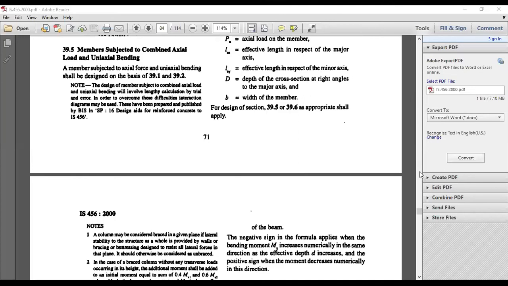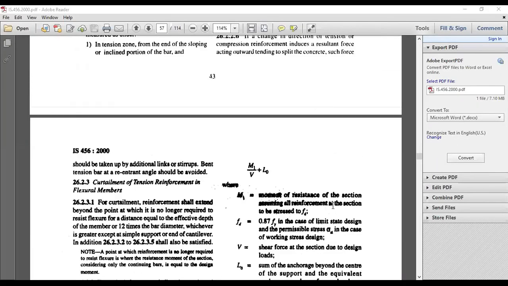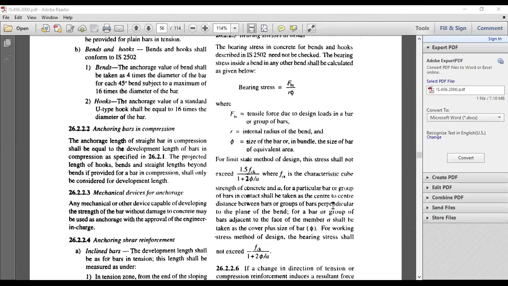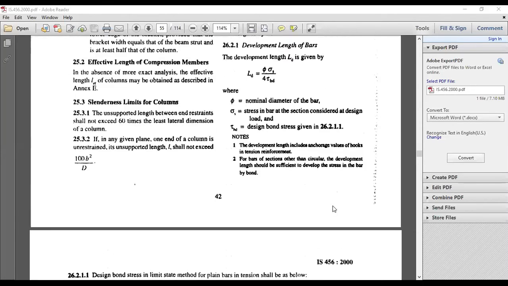So we will move to the clause number 26. So here it must be there. What is our clause number 26?